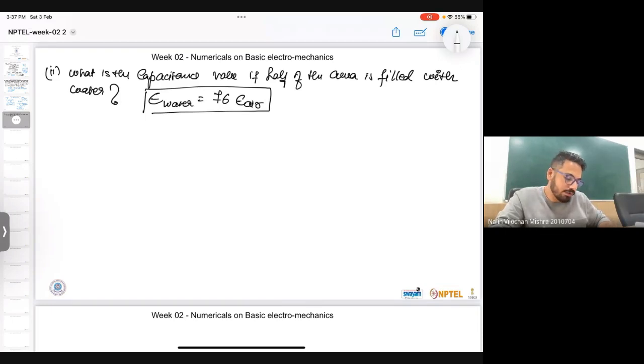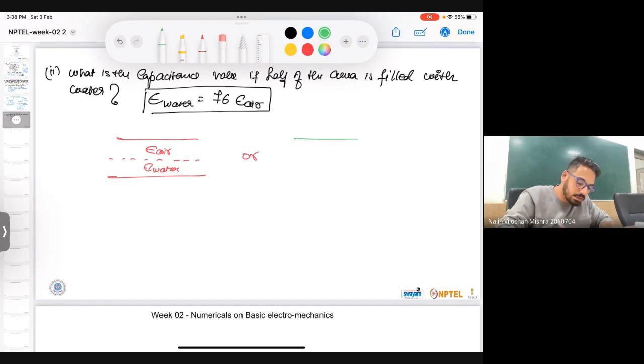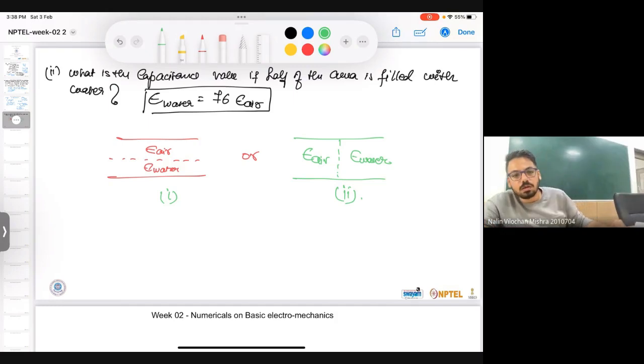Okay, so before solving this, can you guys tell me if this is like this, epsilon of air, epsilon of water, or like this? The first arrangement or the second arrangement? Can anyone unmute and tell me how these capacitances are arranged?